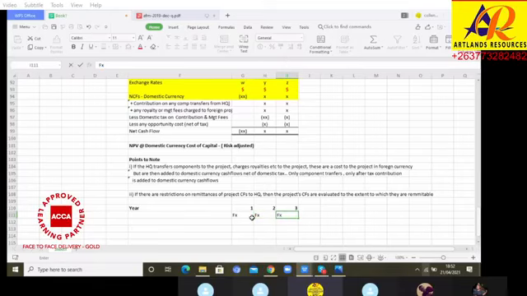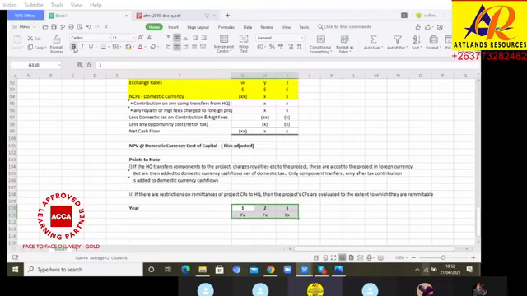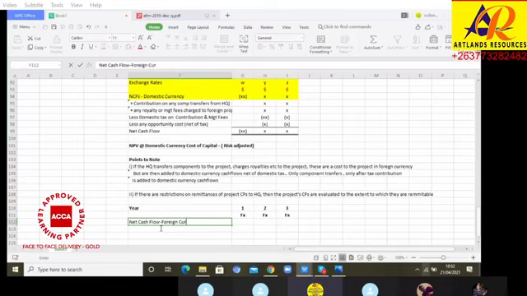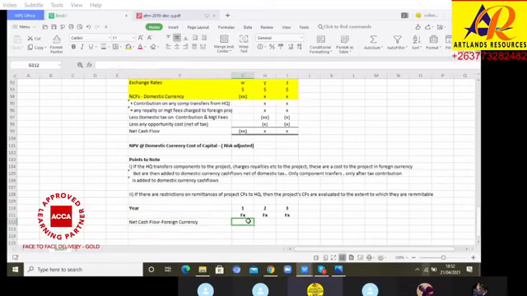Your cash flows are in foreign currency, and then you say net cash flows. This time it's in foreign currency. Now let's say X, Y, Z. These are your net cash flows.